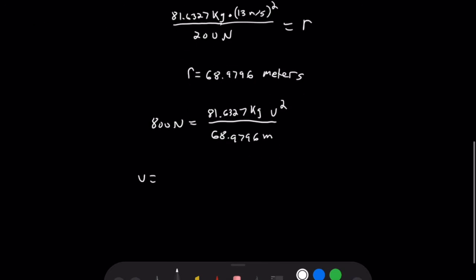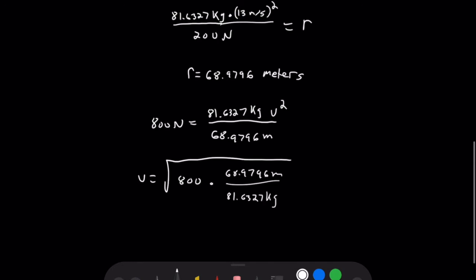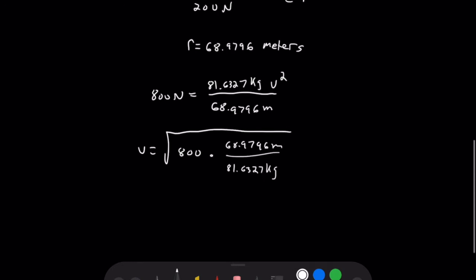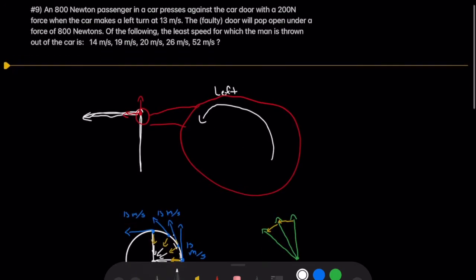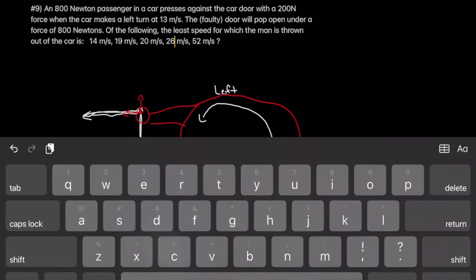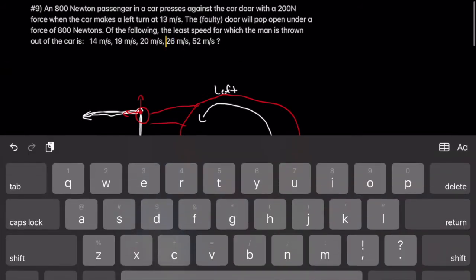So what we'll end up with is, let's go ahead and throw that in, and we are going to get exactly 26 meters a second. So our answer was in our choices here. We have 26 meters a second.